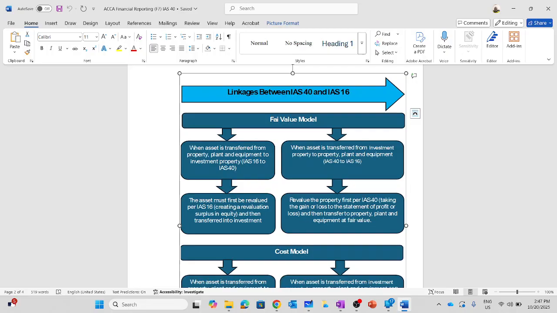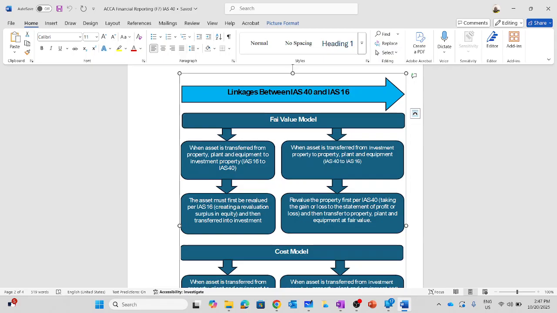It's very simple. Since we are using the fair value model, on an annual basis we need to do our evaluation. Gain or loss should be taken directly to the statement of profit or loss, and no depreciation should be calculated. So we need to revalue the property first as per IAS 16.